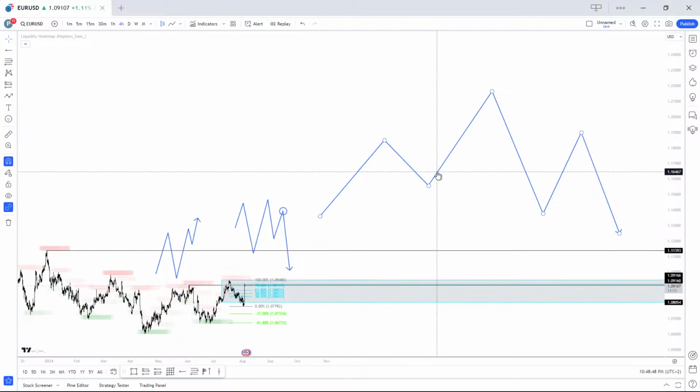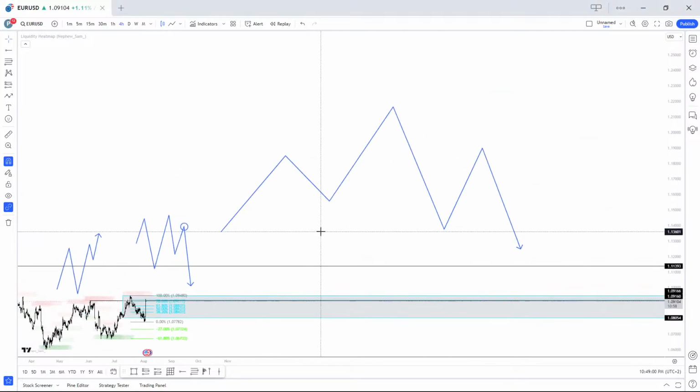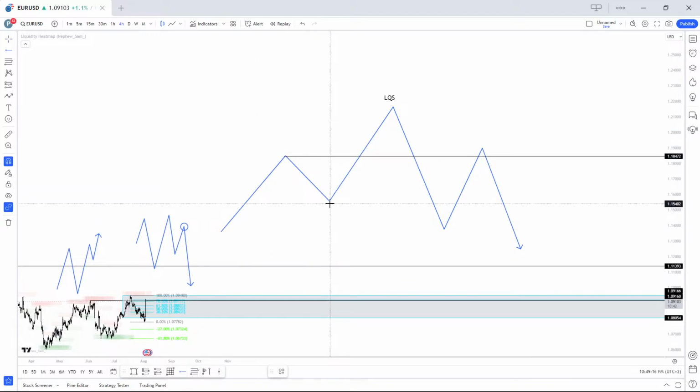Price creates, okay, we'll have to write things down on the chart. I can't explain it in any other way, so let's mark this out. Let's put some text right here. So this is our liquidity sweep right here. Then a breaker structure.